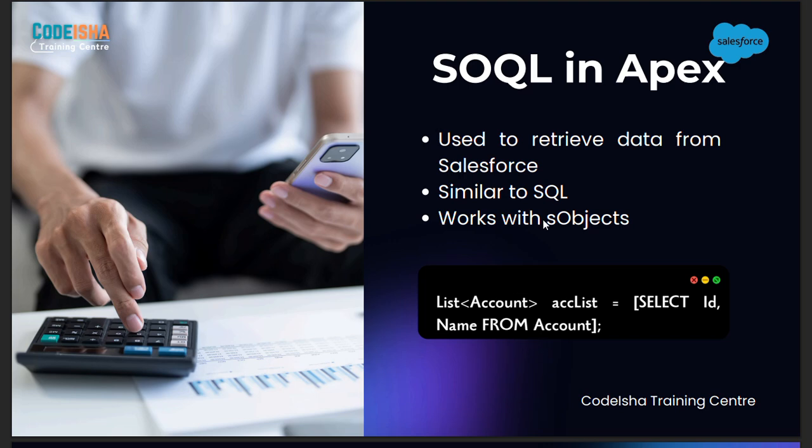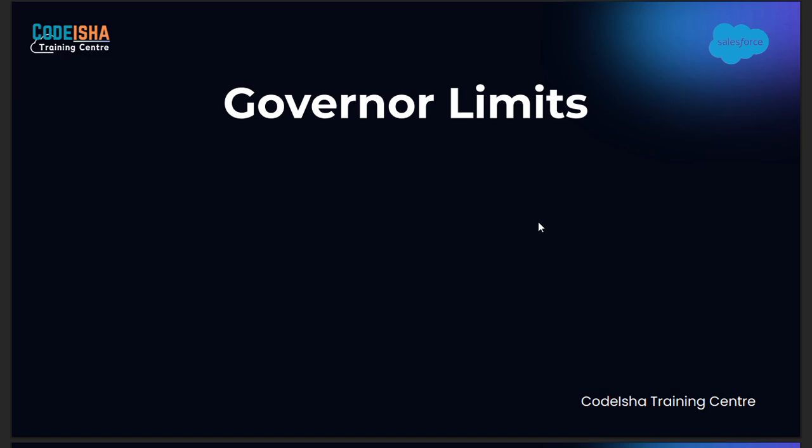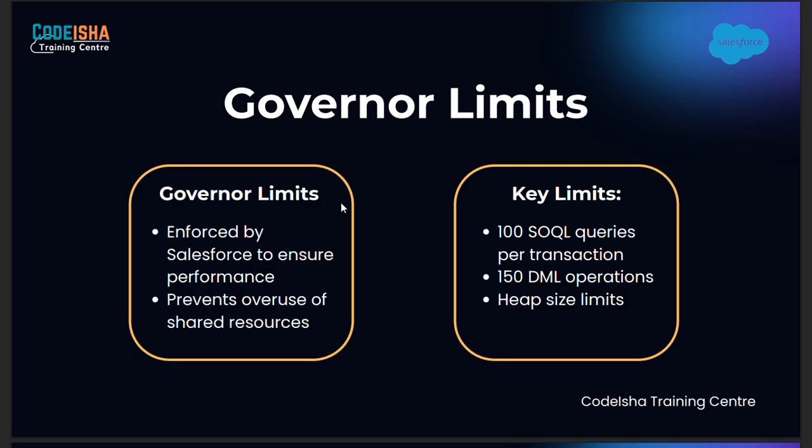Coming to the governor limits. When we use the Apex programming language, we must follow the governor limits. The governor limits are enforced by Salesforce to ensure performance, and they prevent the overuse of shared resources. Here are the key limits: 100 SOQL queries per transaction, and 150 DML operations per transaction, and heap size limits.